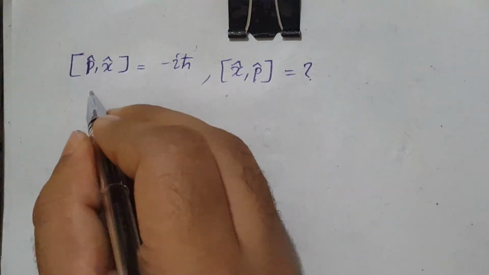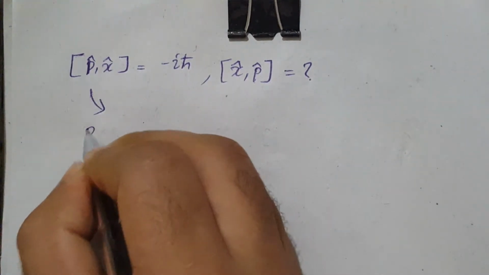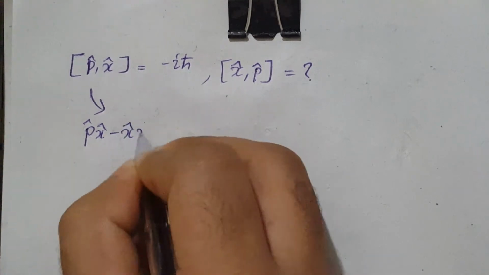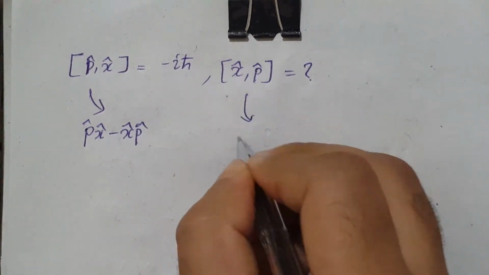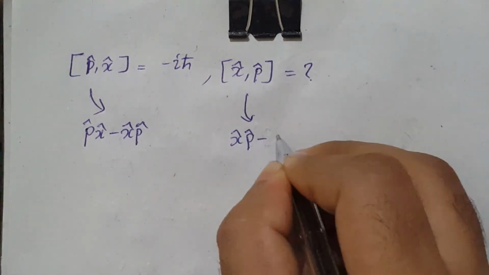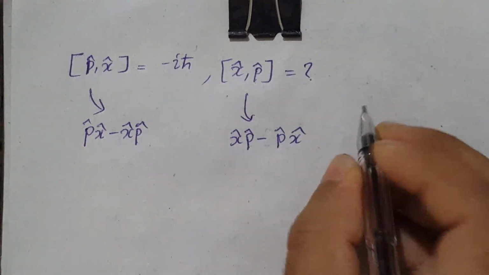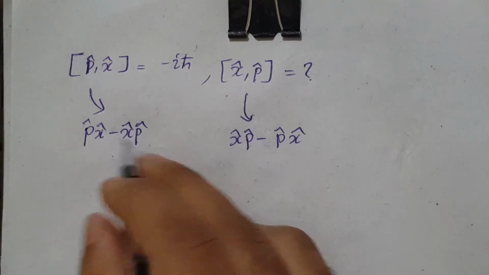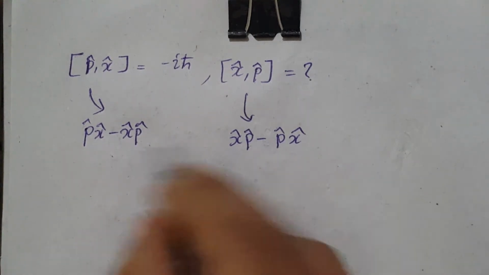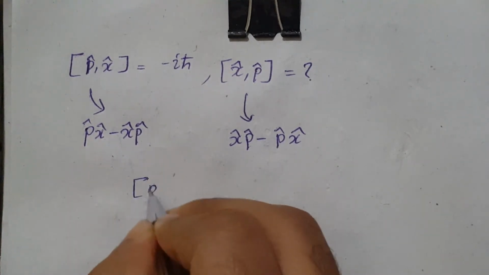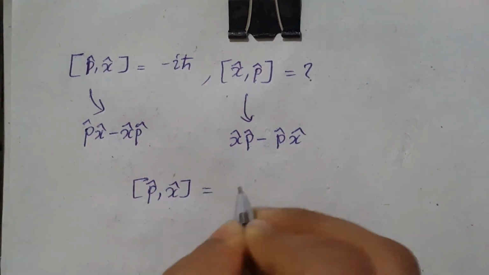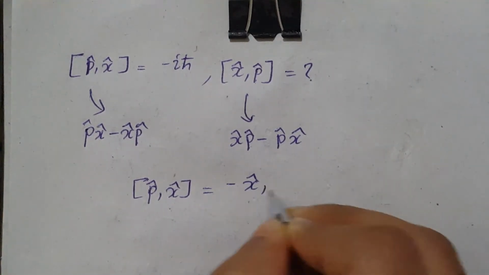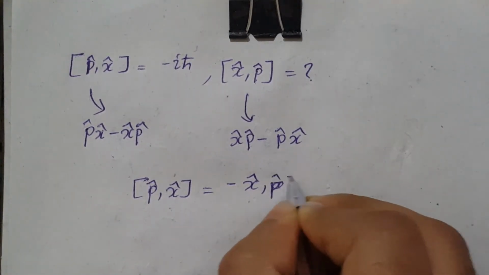You know that the commutator of p cap x cap is p cap x cap minus x cap p cap, and the commutator of x cap p cap will be x cap p cap minus p cap x cap. So the order is just opposite, and we can write that p cap x cap is equal to minus x cap p cap.